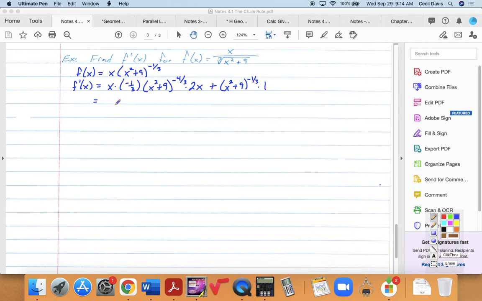So let's see. If I multiply the negative 1/3 times the 2x, that's going to be what? Negative 2x squared over 3, or negative 2/3 x squared, times x squared plus 9 to the negative 4/3, plus x squared plus 9 to the negative 1/3.